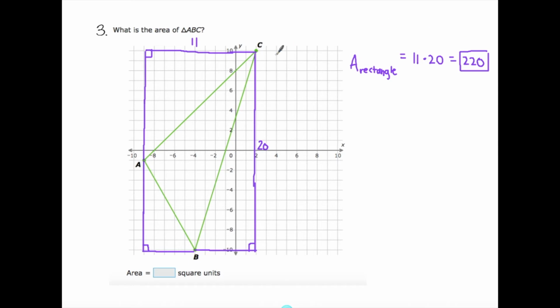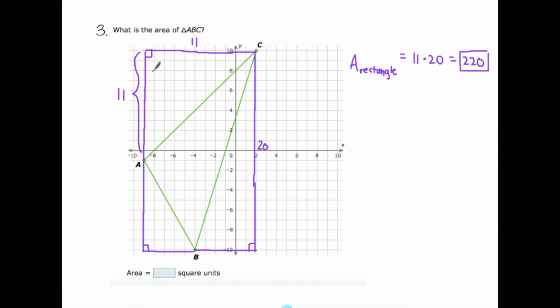Now we need to calculate the area for each of these individual triangles that we created. So we'll start just with this first one. We know this length is 11, and this side length here looks like that is also 11.